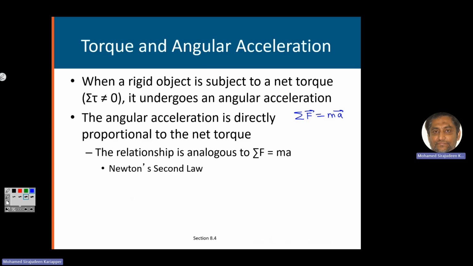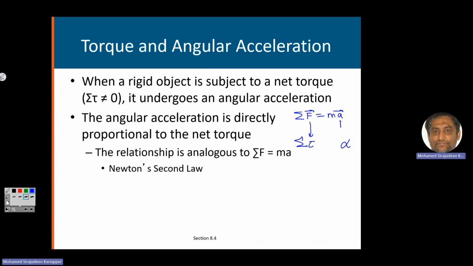So when you go to rotational motion, you already know force is not what we have to look at. We have to look at torque. So net force becomes net torque. The acceleration becomes angular acceleration, alpha. So we say, like we did with Newton's second law, that acceleration is proportional to the net force.